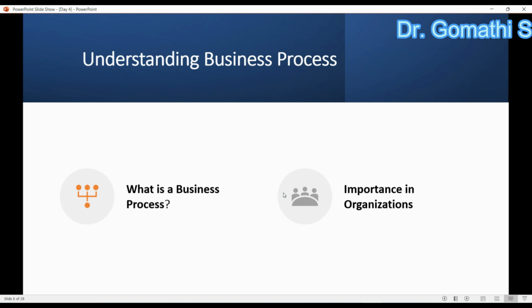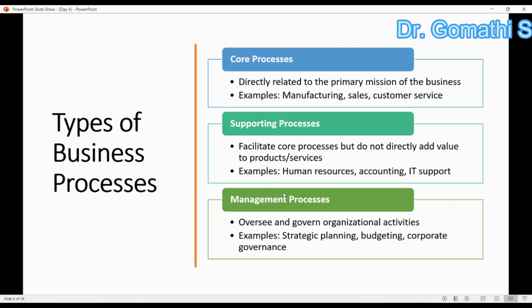Moreover, well-defined processes are fundamental for organizational growth, adaptability, and achieving strategic goals and objectives. Business processes facilitate better resource management, improve employee understanding of their roles, and aid in measuring and maintaining quality standards. So, that is why we need business processes.